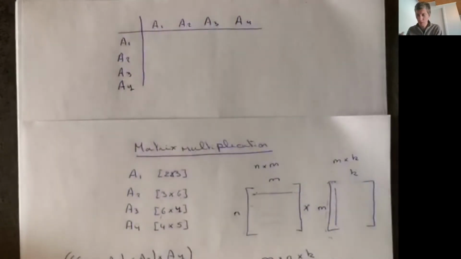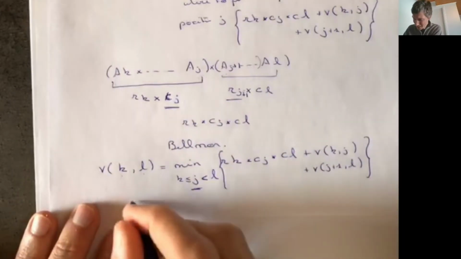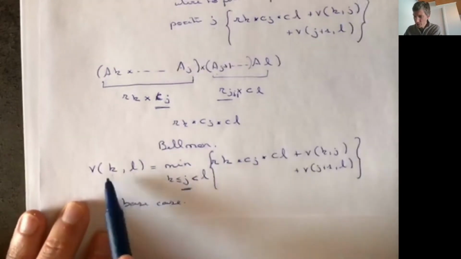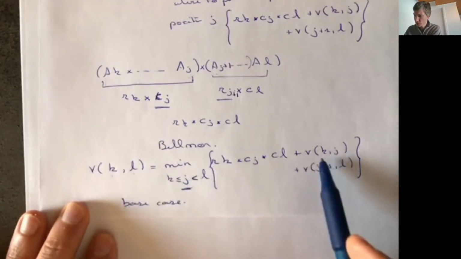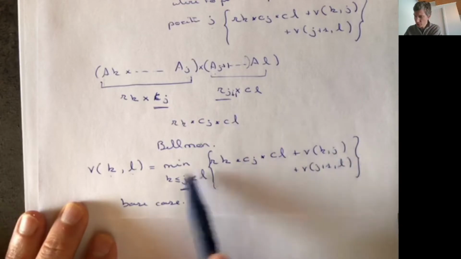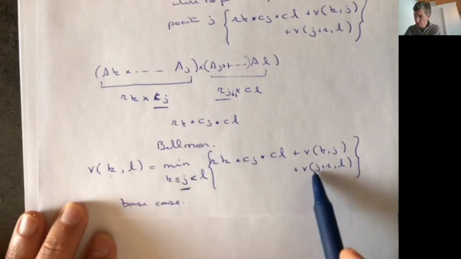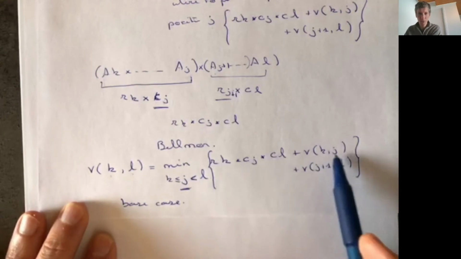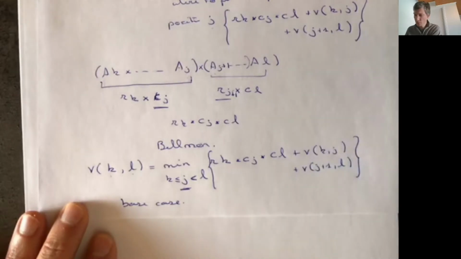Now, what I forgot was to put the base case, right? Here we see that V_KL is written as V_KJ, where J is smaller than L, plus V_{J+1,L}, where J is greater than or equal to K, right? So it's basically written as a function of the subsequences.